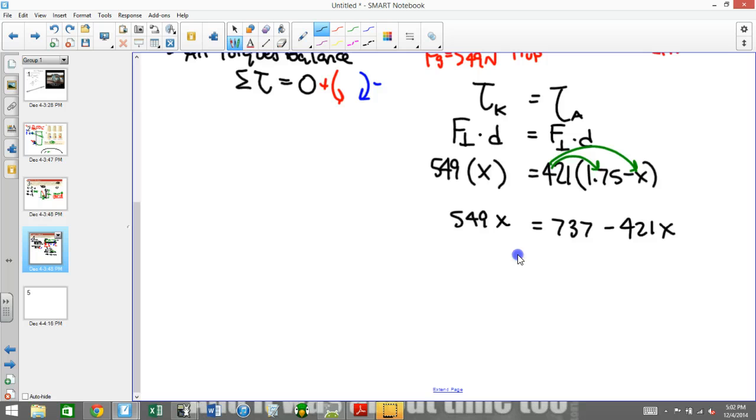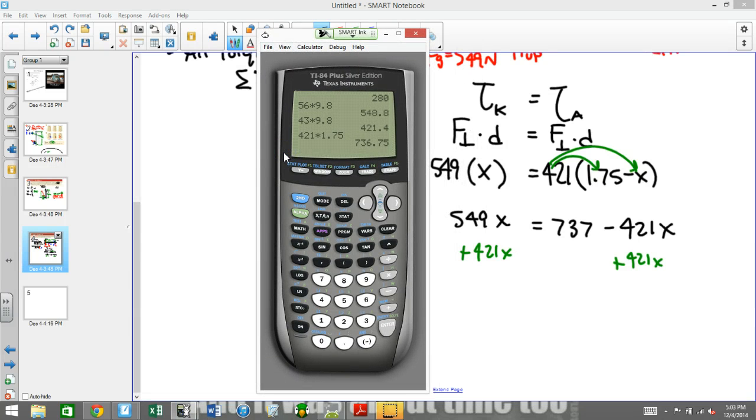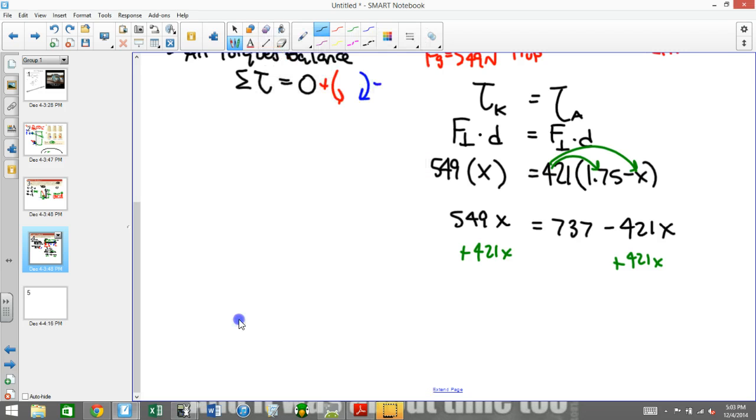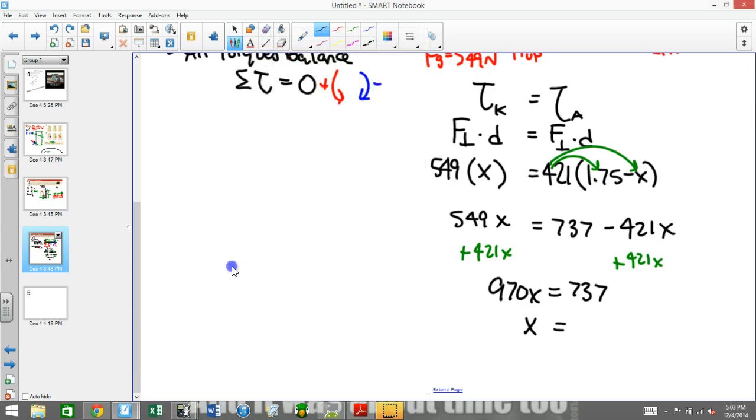So you're going to take 549 and add to it 421. 549 plus 421, and you get 970. So now you can figure out what the answer is. You can take 970 divided by 737. It comes out to 1.32 meters.